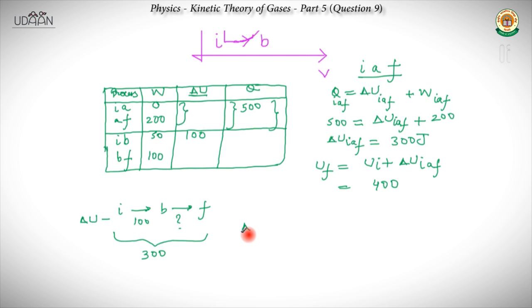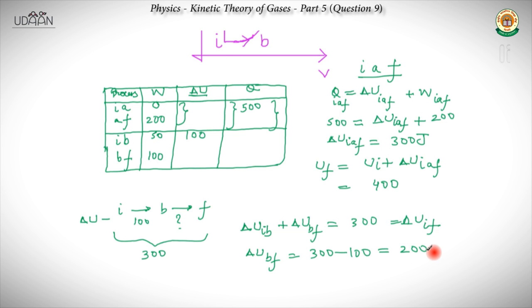Hence we can find the delta U for the process B to F also. Delta U IB plus delta U BF would be equal to 300, which equals delta U IF as we had seen. So delta U BF would come out to be 300 minus 100, which is equal to 200. So here we can write down 200.